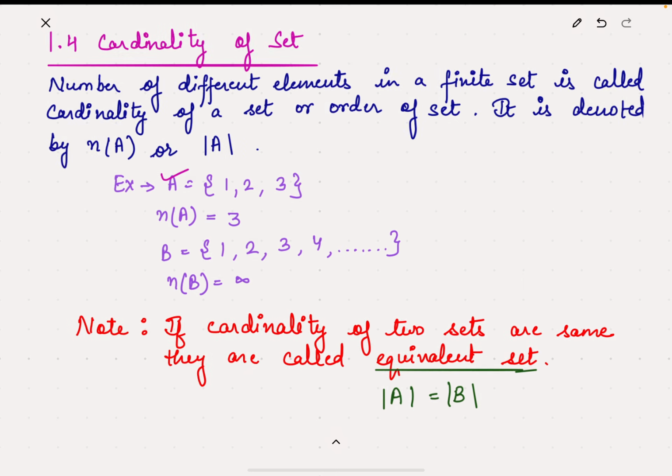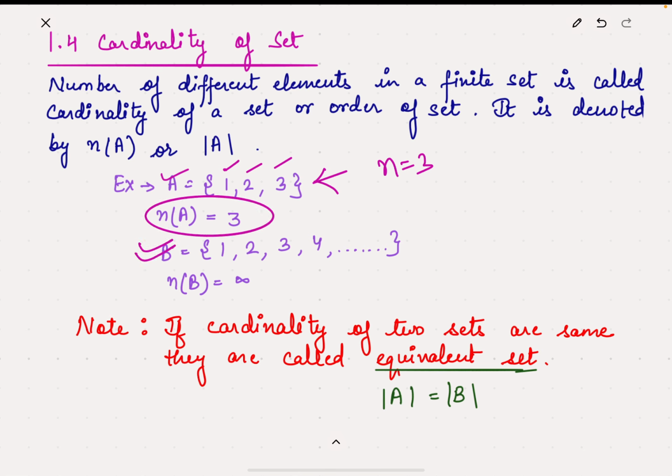Next you need to know what the cardinality of a set is. Cardinality is the number of different elements in a finite set. For example, if this particular set contains 1, 2 and 3, a total of 3 elements, then the cardinality of this particular set will be 3.